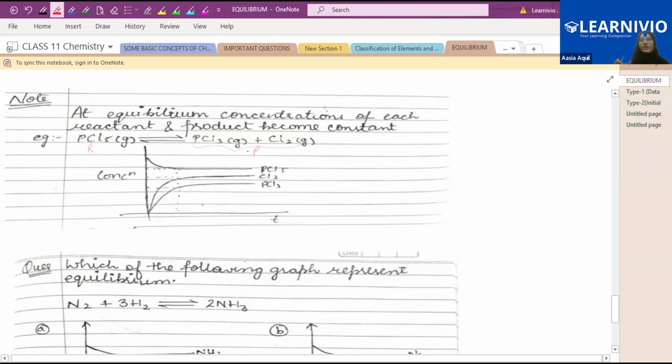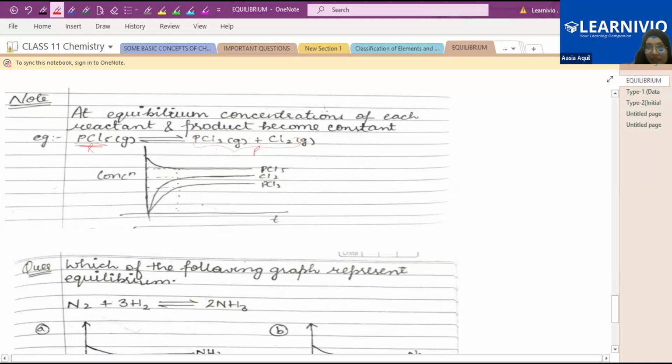In a chemical reaction, as PCl5 dissociates to form PCl3 plus Cl2, the concentration of this reactant will decrease first. And as it decreases, it forms PCl3 plus Cl2, which means the concentration of the product will show just an increasing type of graph.